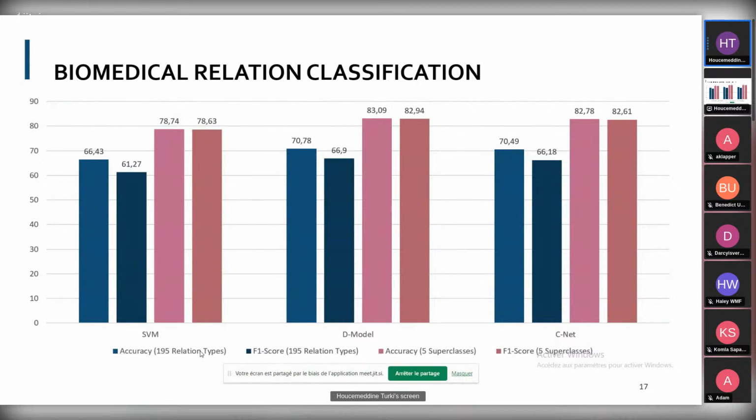All three models have had an acceptable accuracy rate that exceeded 60%. And for the superclass-based classification, we have an accuracy that is over 78%, which proves the promise of our approach to classify biomedical relations in the future.